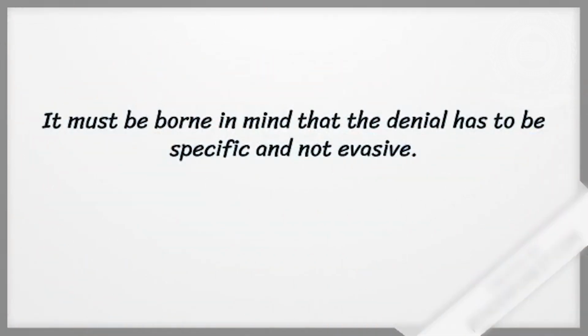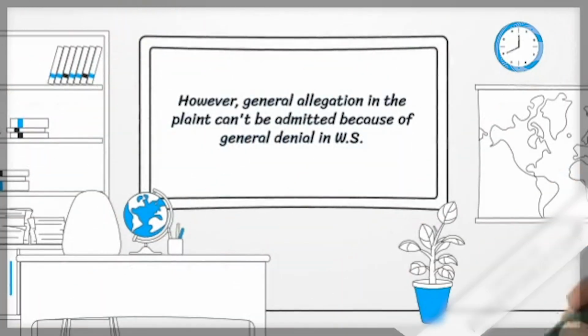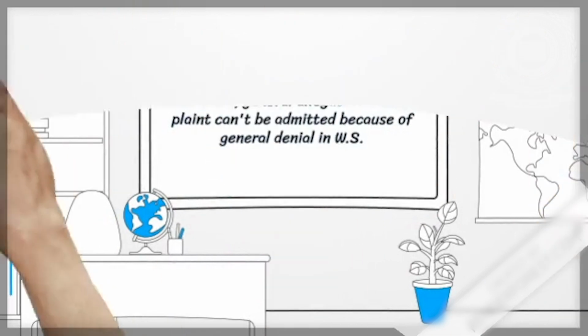It must be borne in mind that the denial has to be specific and not an evasive one. However, a general allegation in the plaint can't be admitted because of a general denial.